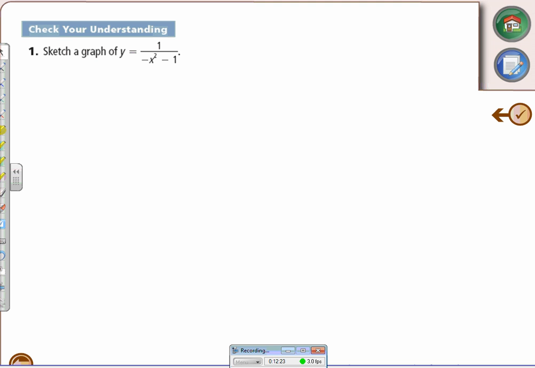Okay, so in order to sketch a graph of the reciprocal of a quadratic function, there's a few things that we want to always be looking at first of all. So we want to know what the vertex is of the original quadratic function, which is the denominator. We want to know where the x-intercepts are.